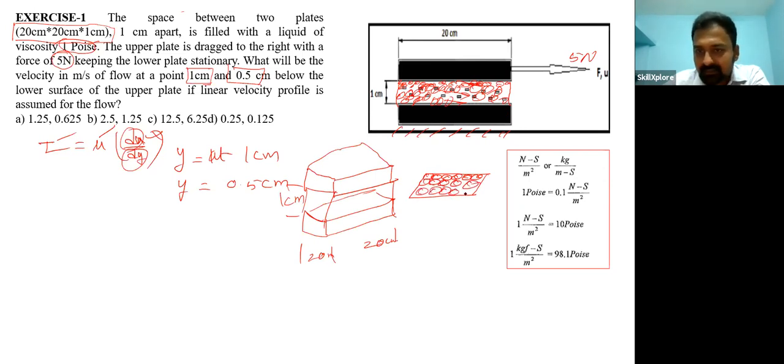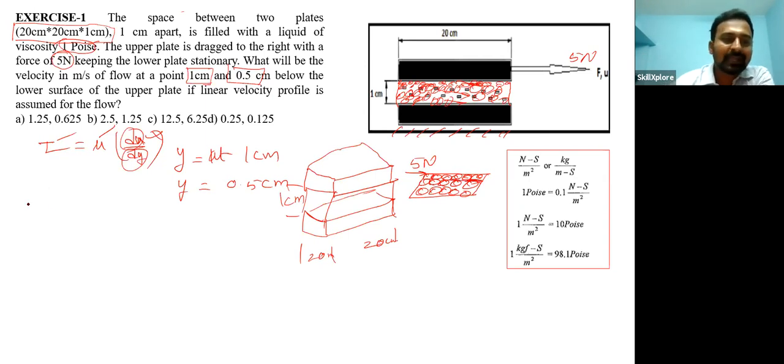What makes this misalignment is this 5 Newton of load. By dragging the plate, the fluid particles attached to the lower part of the plate will get disturbed and deform to some position. So this will induce some shear stress between the two particles.